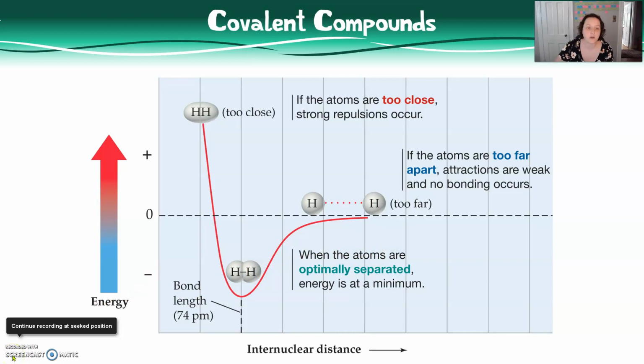As the atoms get closer together, the electrons in each atom begin to interact with the protons and electrons in the other atom. Initially, the energy drops as the stabilizing attraction of each nucleus to the electrons in both atoms dominates. This drop in energy indicates that energy would be released by the atoms as they get closer and closer together.